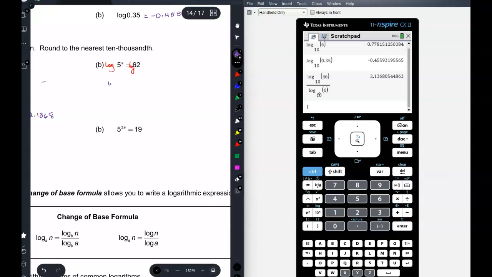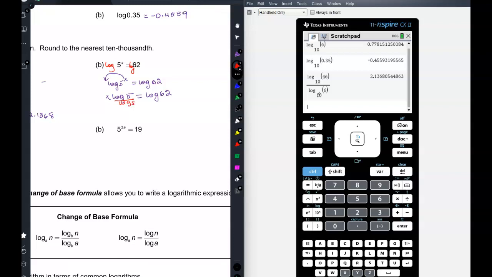Okay, next one. Take the log of both sides. So I get log 5 to the x is log 62. X comes down. X log 5 equals log of 62. Divide by log 5. So x is log 62 over log of 5.